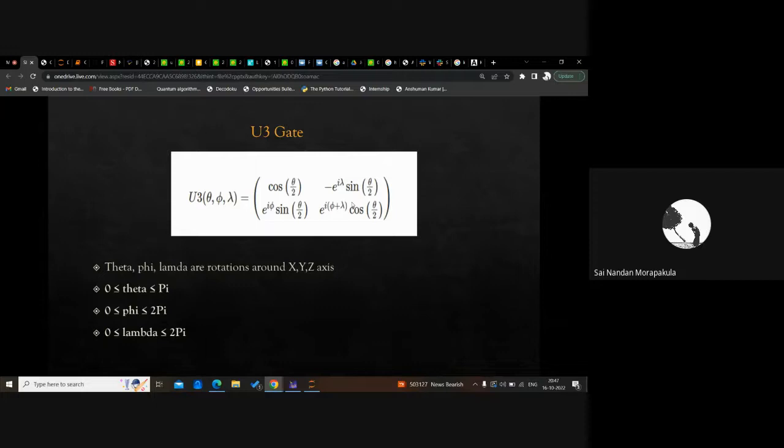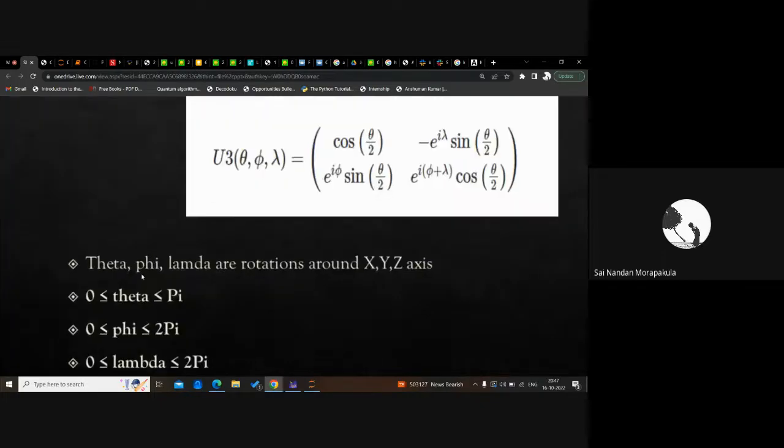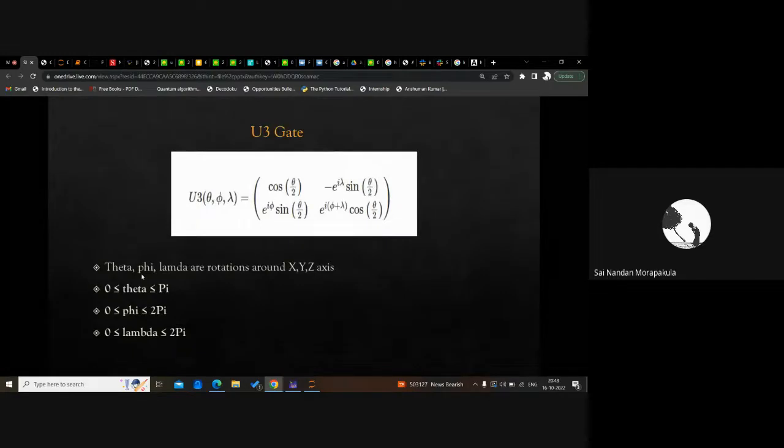This is defined by Qiskit. That's how it is defined. And theta lies between 0 to pi, phi lies between 0 to 2 pi, and lambda lies between 0 to 2 pi. So theta, phi, lambda are the rotations around x, y, and z axis.